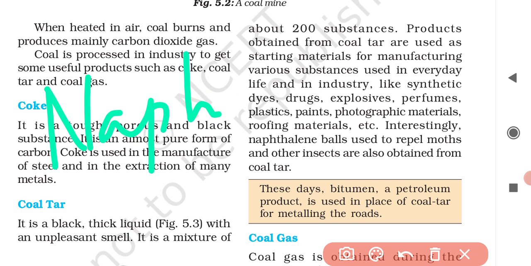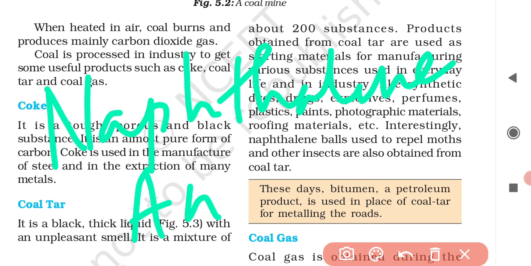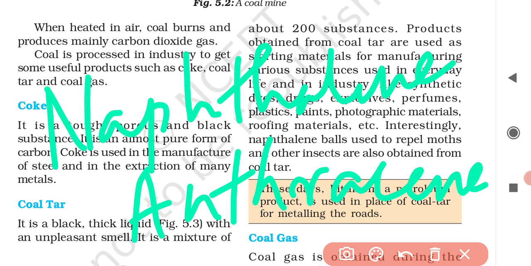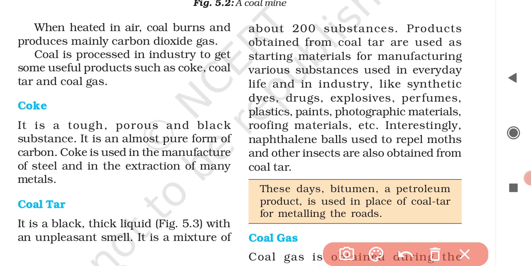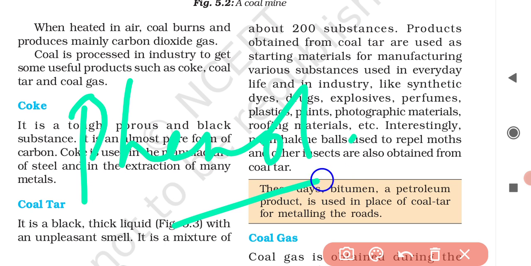You have heard about naphthalene, right? So these are the substances which are present in coal tar.